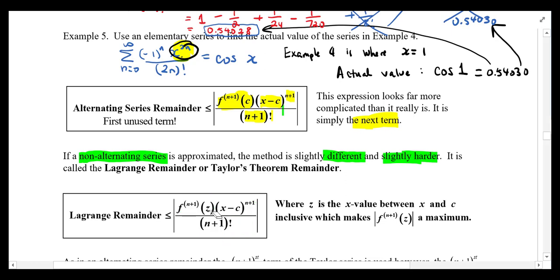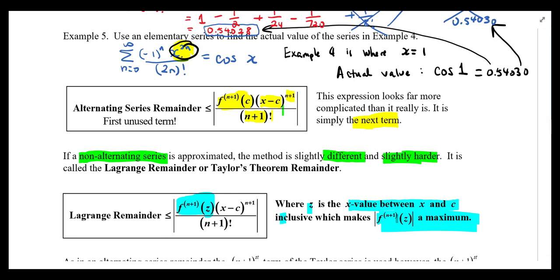But I hope you can see that there is a z instead of a c when you're trying to evaluate the next derivative. So the only difference here is we're going to use this letter z, and z is the x value between x and c, inclusive, so we can use the endpoints, which makes this derivative a maximum. So this is the only change.